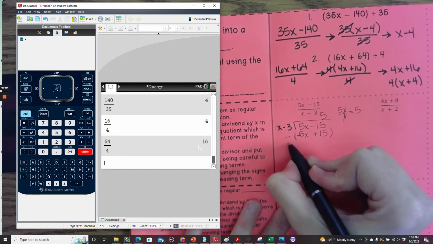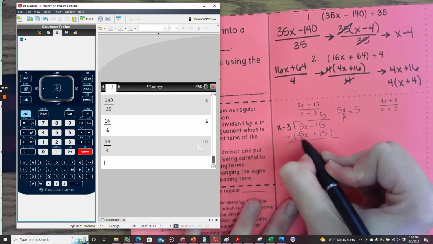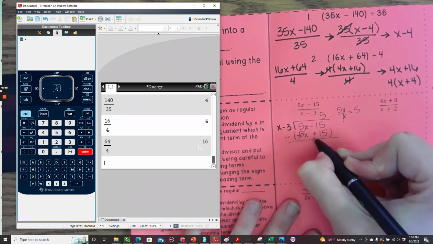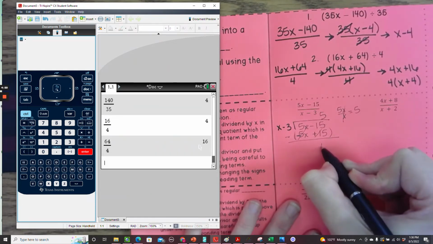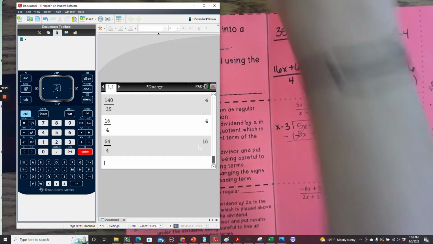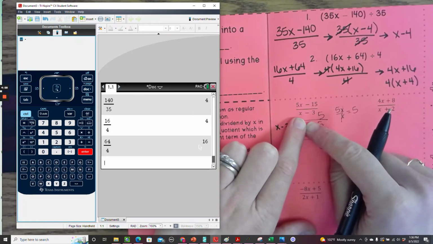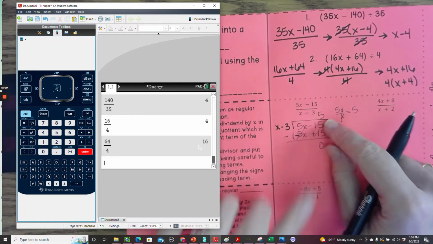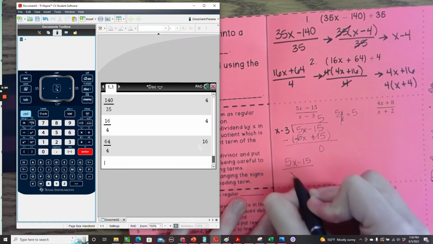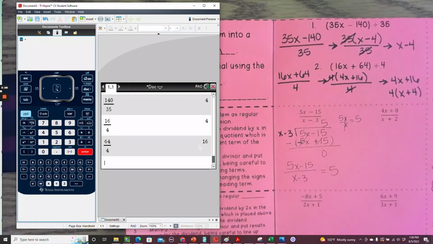The reason I have to do that is so things cancel. 5x and negative 5x cancel. Negative 15 and positive 15 cancel, and that leaves me with a 0. So 5x minus 15 divided by x minus 3 equals a plain old 5.